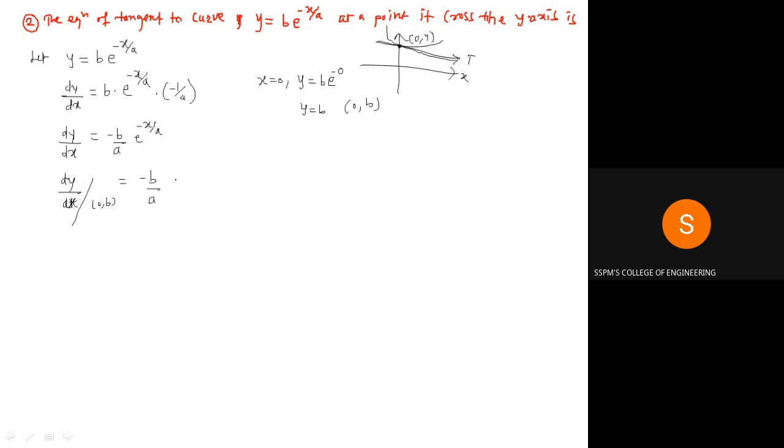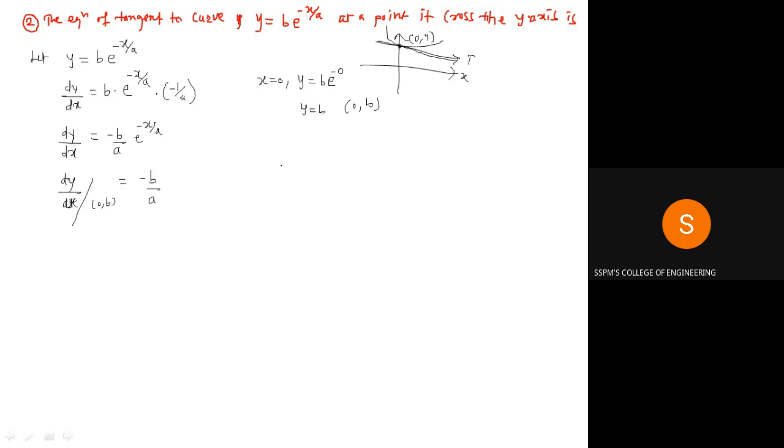So equation of tangent to curve. Here in this case, to find the equation of tangent, we have got the slope and the point. If you know the slope and the point, how to get the equation of line? By using the slope point form.